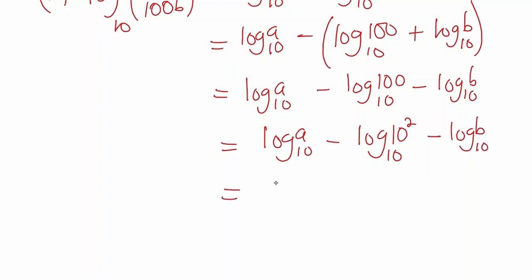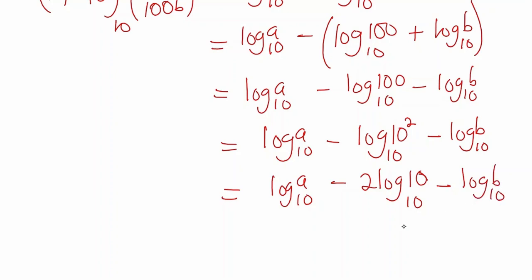Now we maintain logarithm of a base 10 minus, so 10 exponent 2 can be written as 2 logarithm of 10 base 10, and maintain that of logarithm of b base 10. Now we say that the logarithm of a number to the same base is 1. So it means logarithm of 10 to the base 10 gives us 1. Minus 2 multiplied by 1 minus logarithm of b base 10, and not forgetting logarithm of a base 10.